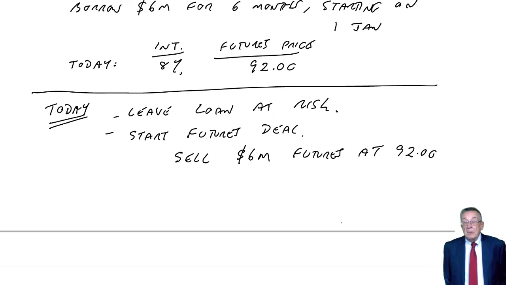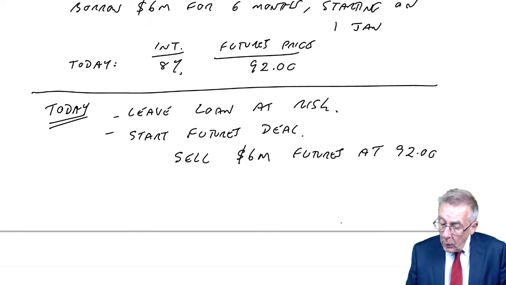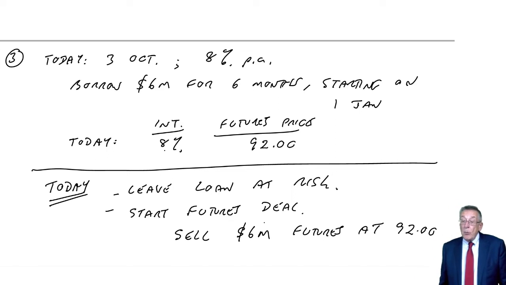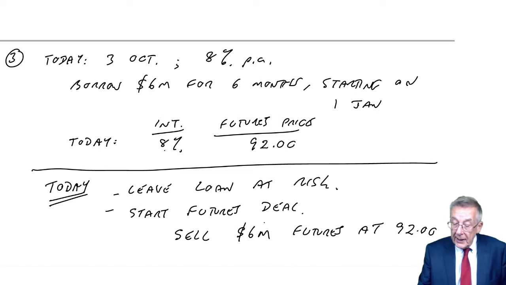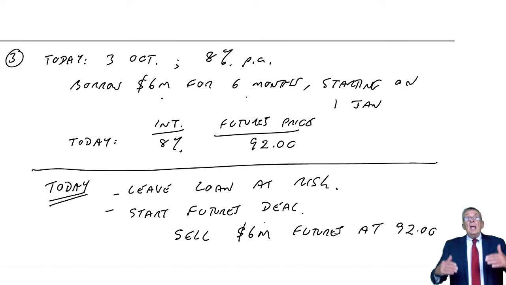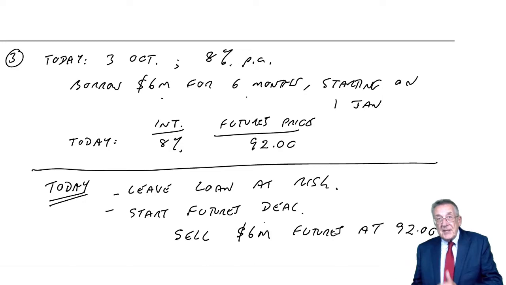However, I've got a problem. And the problem is this, and listen very carefully, and then I'll give you the rule. If interest rates go up by, let's say, 1%, we're borrowing 6 million for 6 months, and therefore the extra interest we'll pay will be 0.6%.